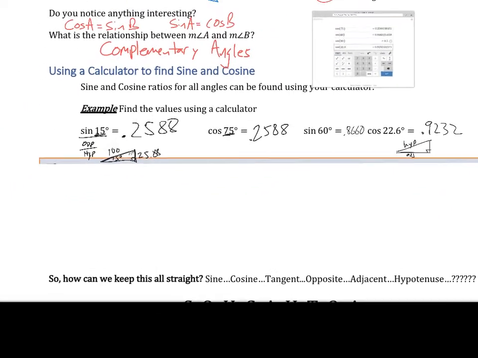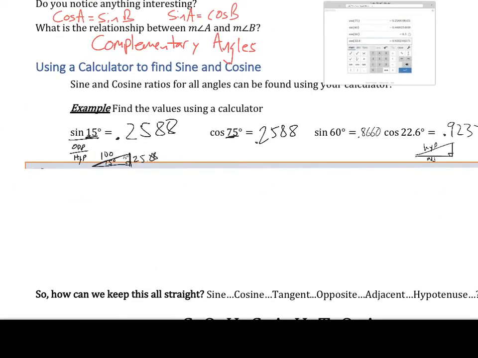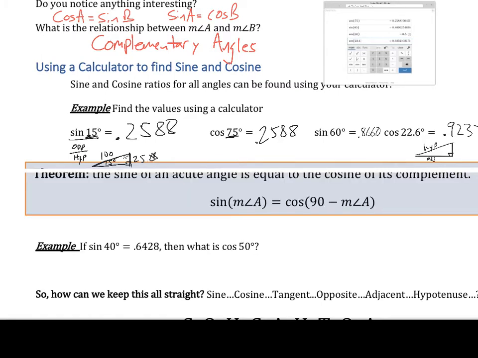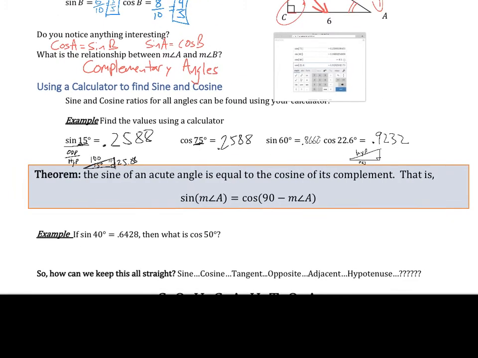Great. So we see this little connection here, and we're going to see that the sine of an acute angle is equal to the cosine of its complement. Not a huge thing, but something worth pointing out. So in other words, the sine of angle A is equal to the cosine of 90 minus whatever that angle A is.